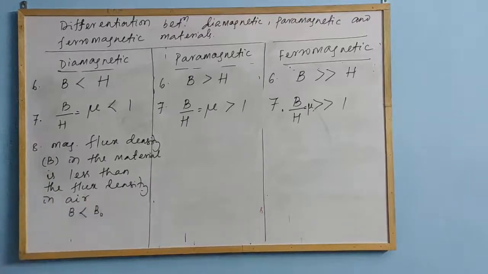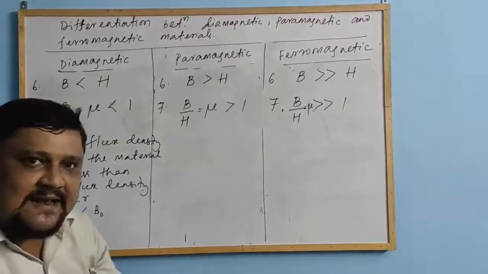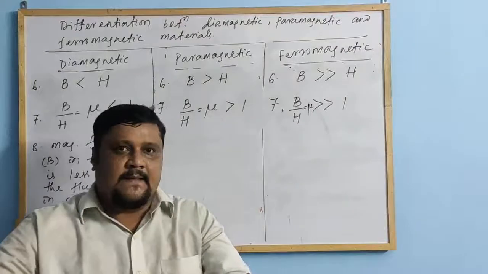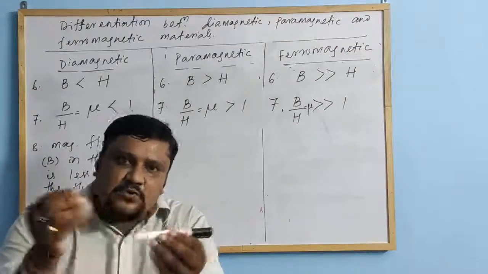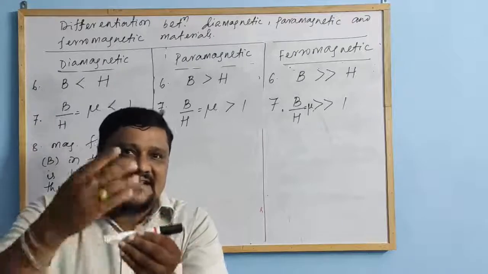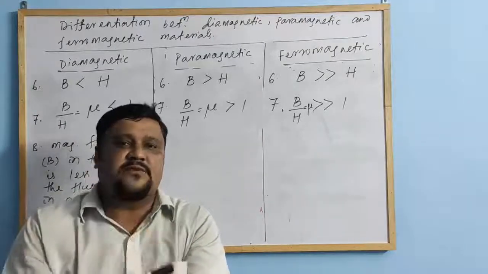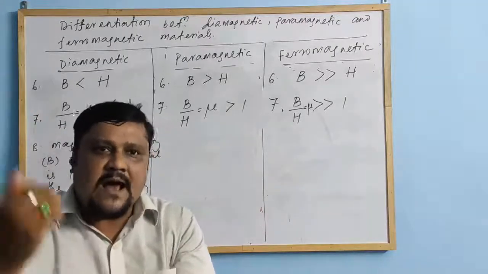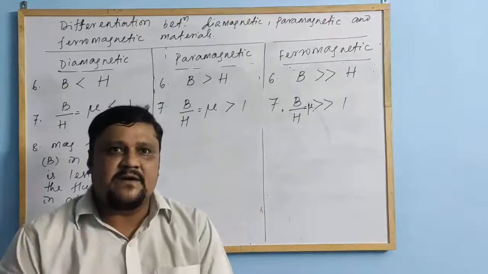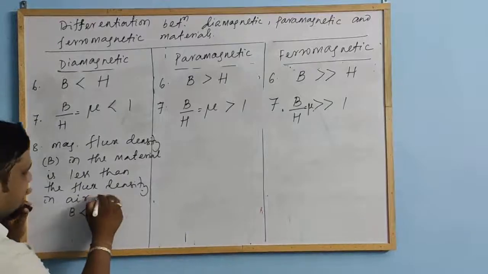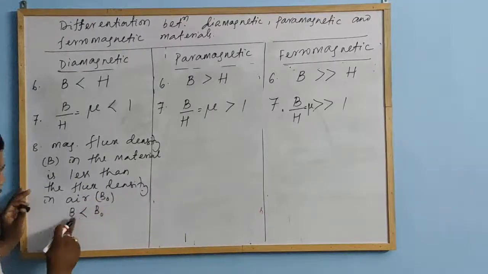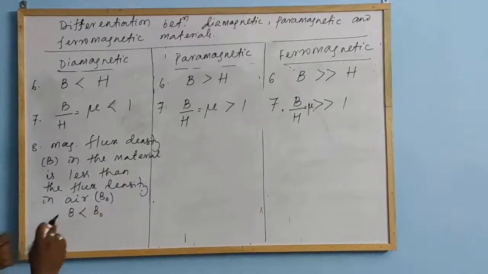Why is this so? As you already know, when you place a diamagnetic material in a magnetic field, the magnetic lines of force do not prefer to pass through the material. Means inside the material, the magnetic field is naturally weaker compared to the outside. So outside is your air medium where the magnetic flux density is B naught. So B inside the material is less than B naught.